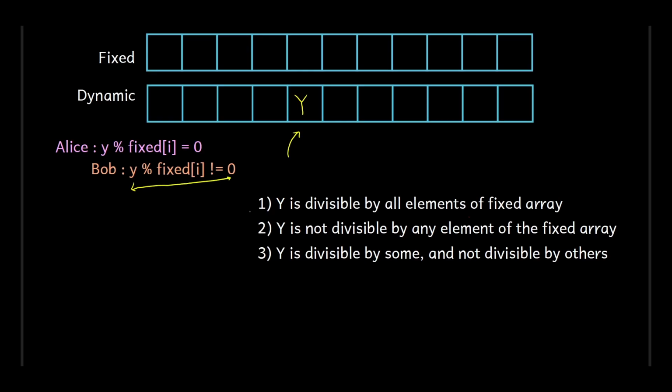Therefore, Alice can safely assume that all such y's will land into Alice's bucket. So let's color all the elements that are divisible by all the elements of the fixed array in green.